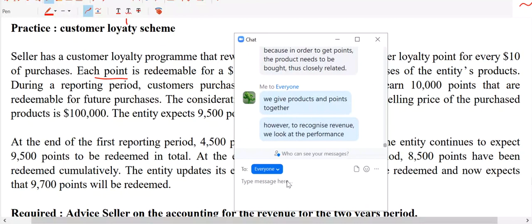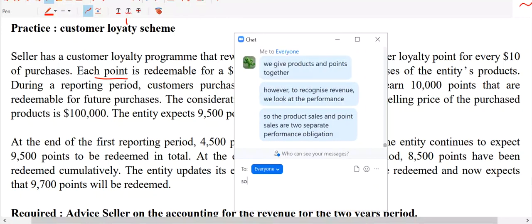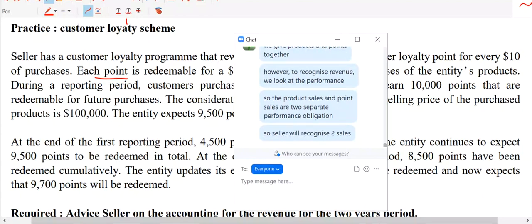So the product sales and point sales are two separate performance obligations. So the seller will recognize two sales.